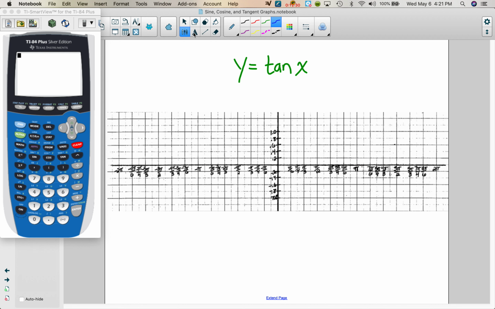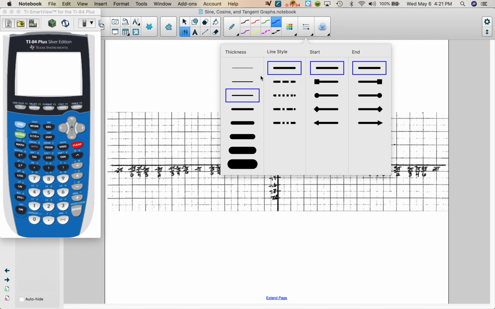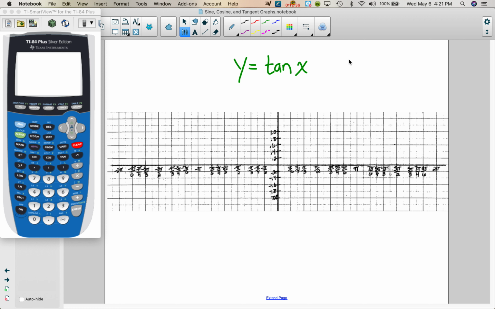So to get our tangent graph, I want to remind you that tangent x we can think of as sine x over cosine x. I'm going to plot a few points, basically using the quadrantal angles, and I'll probably use the pi over 4 angle as well.